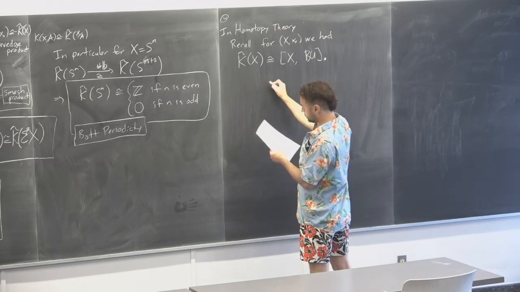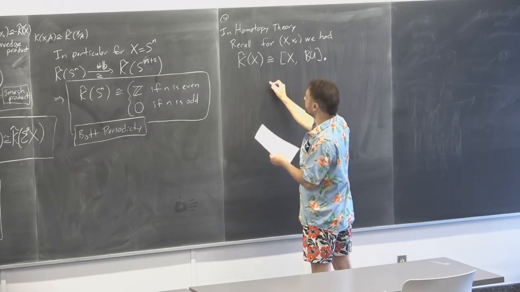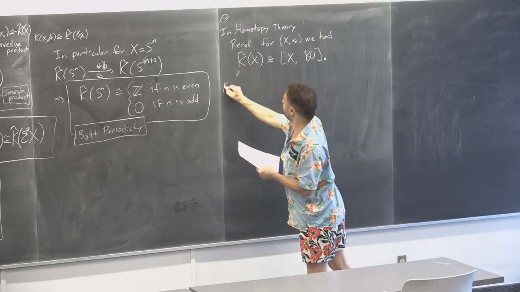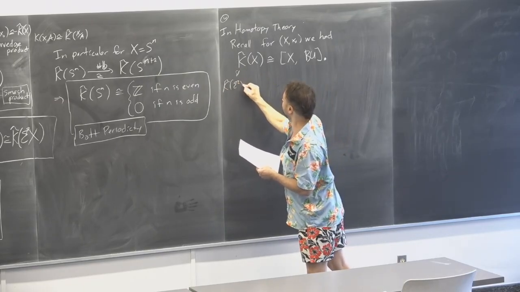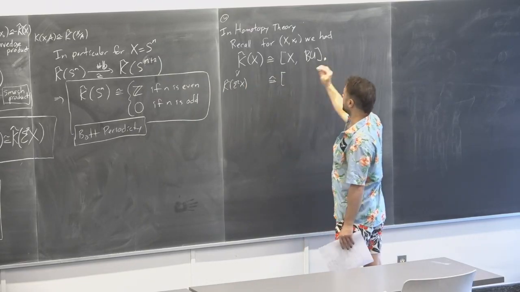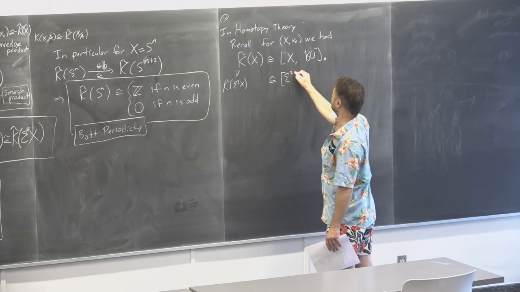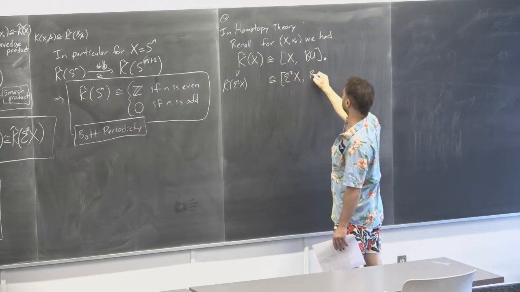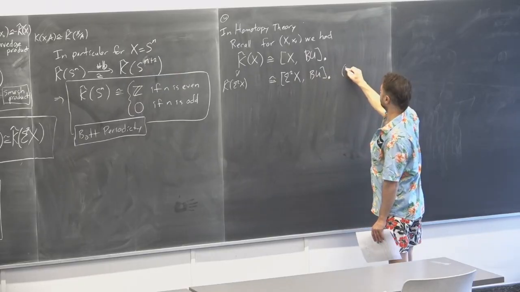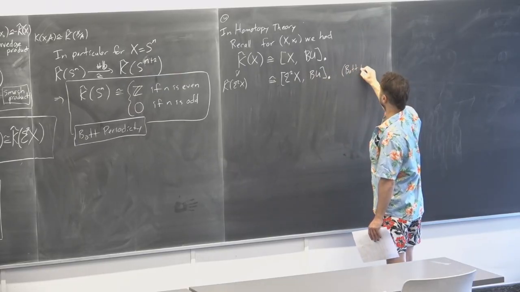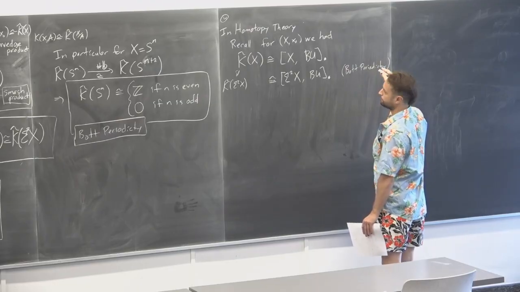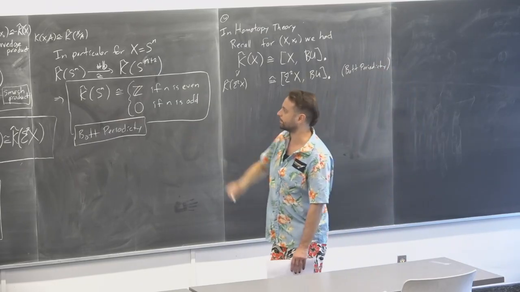What this is saying is that homotopy classes of maps are the same as mapping the two-fold suspension of X into BU. So this line is Bott periodicity. Or rather, it's the relative product theorem.